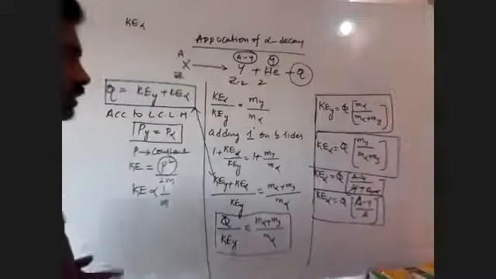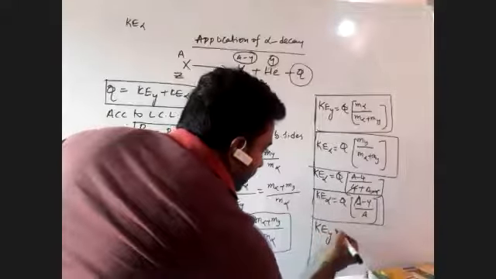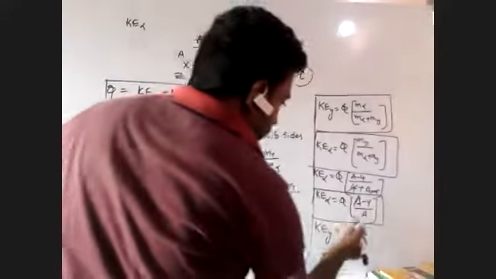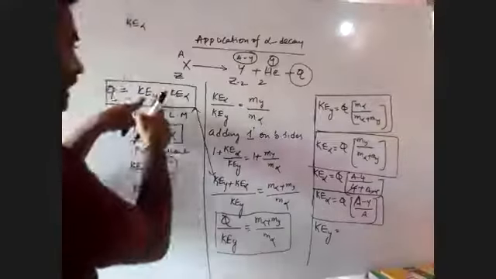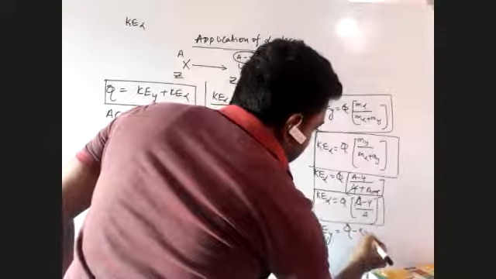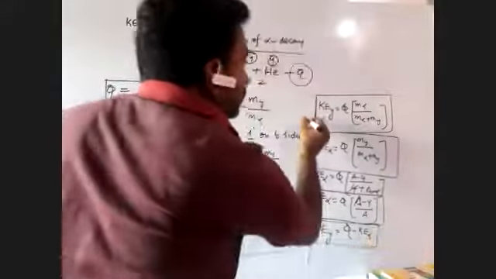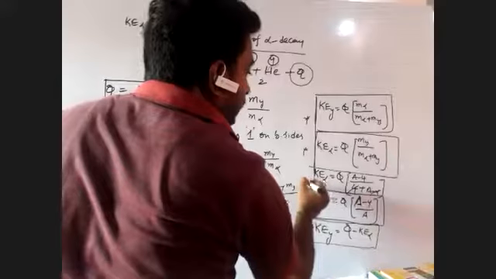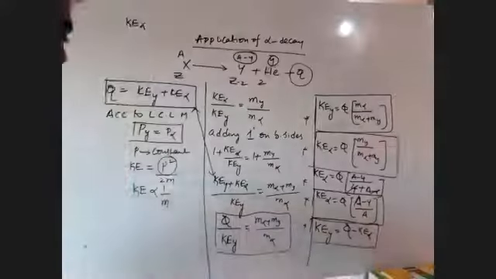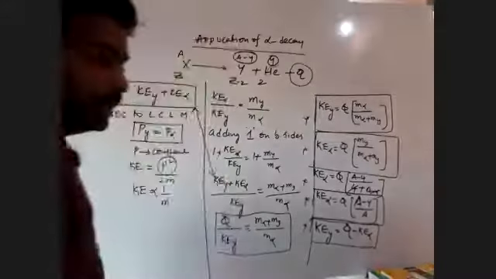To know the kinetic energy of Y, that is the daughter element, where the total energy is Q, the kinetic energy of Y is Q minus KE alpha. So these are all the formulas for us to determine individually the kinetic energy of the daughter element or alpha particle, or you can find out the total energy.